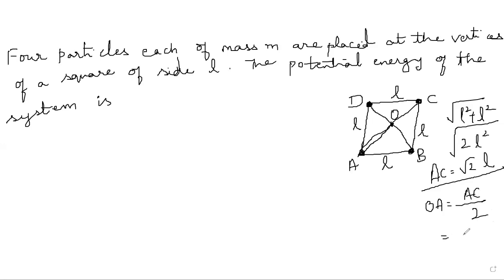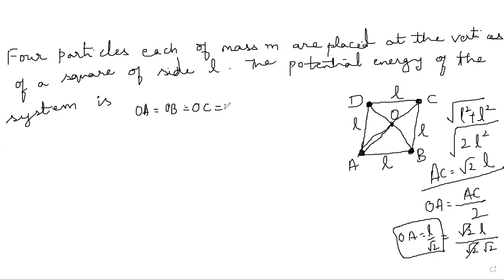So OA is root 2 L divided by 2. Instead of writing 2, I'll write it as root 2 into root 2, so root 2 can cancel. Finally, OA is equal to L divided by root 2. According to the figure, OA is equal to OB is equal to OC is equal to OD is equal to L divided by root 2.